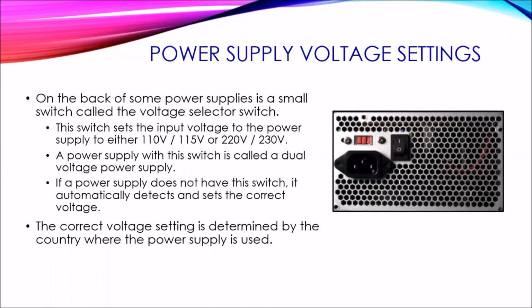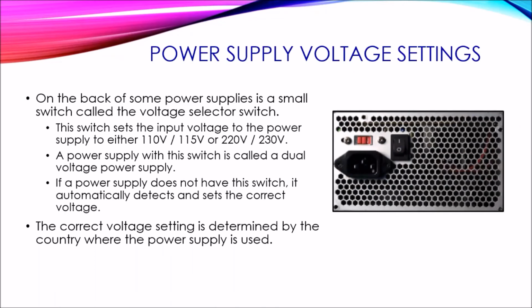Power supply voltage settings. On the backside of some power supplies, there is a small switch called the voltage selector switch. This switch sets the input voltage to the power supply to either 110 or 115, or 220 to 230, as different countries use different standards of voltage.